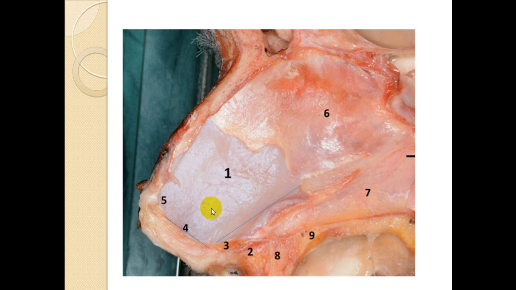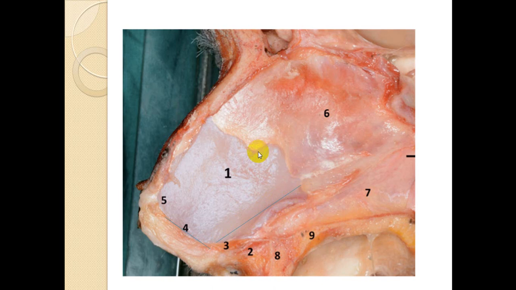And then we elevate the mucoperichondrial flap on one side, with excision and stripping of the lower part of the quadrilateral cartilage, a few millimeters, 3 to 5 millimeters along the floor of the quadrilateral cartilage is removed.